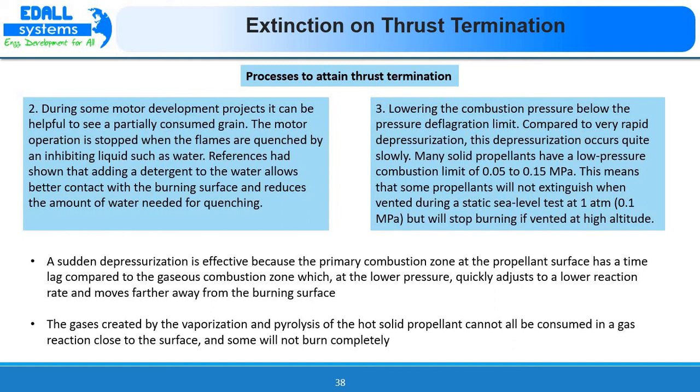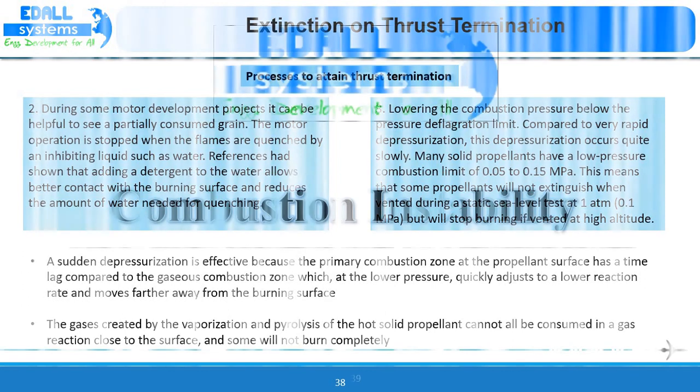As a result, the heat transfer to the propellant surface will be quickly reduced by several orders of magnitude and the reaction at the propellant surface will diminish and stop. Experimental results show that a higher initial combustion pressure requires a faster depressurization rate to achieve extinction. This way we can achieve thrust termination for solid propellant rockets at the development stages or at the high altitude stages using rapid depressurization.